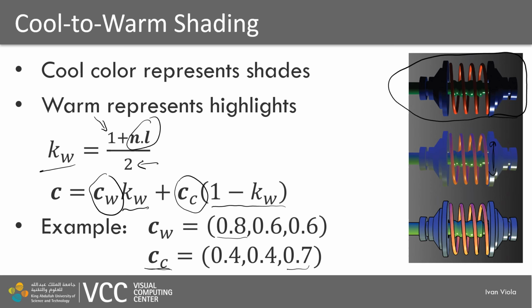And simply by this interpolation between these two colors, we can realize this cool to warm shading, as it is called. Please note that these colors are then still multiplied with the material colors or with the diffuse reflectance, so that the colors of the actual objects are maintained, but they get a slightly different tone.